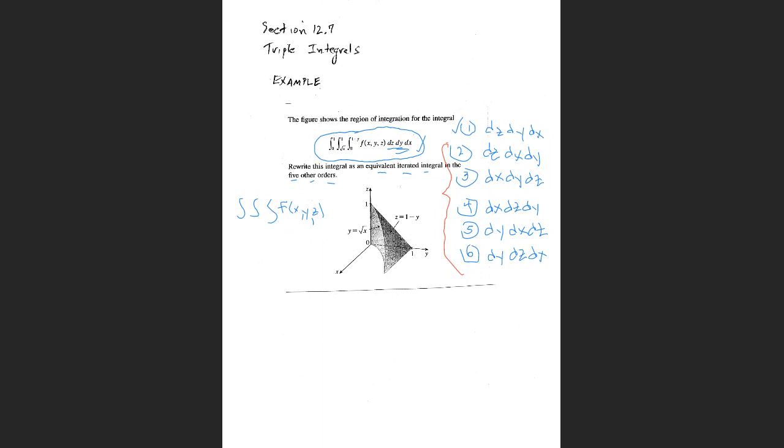The answer, in my view, is going to be order 2, because we already have dz first here, right? We already have dz first.